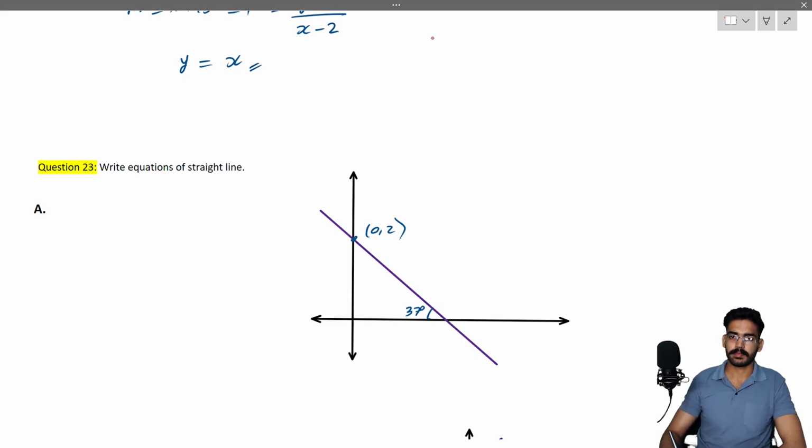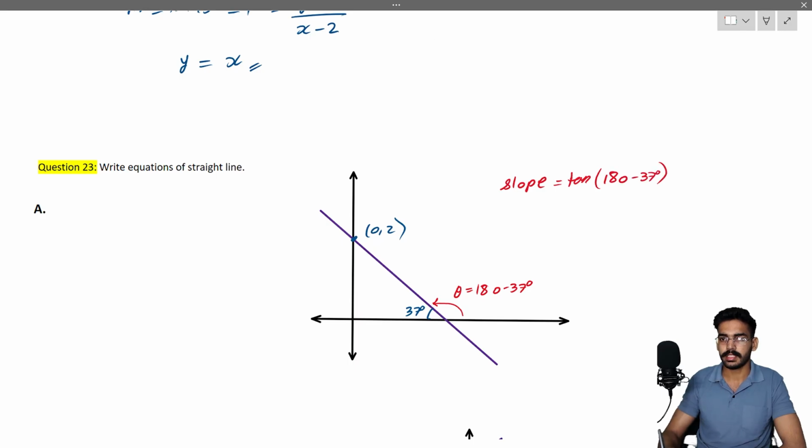Now let's see. First of all, the slope, with 1 point and slope. If you see, the angle is actually the theta we considered for tan theta, which is 180 minus 37 degrees. So slope is equal to tan of 180 minus 37, which equals y minus 2 divided by x minus 0.